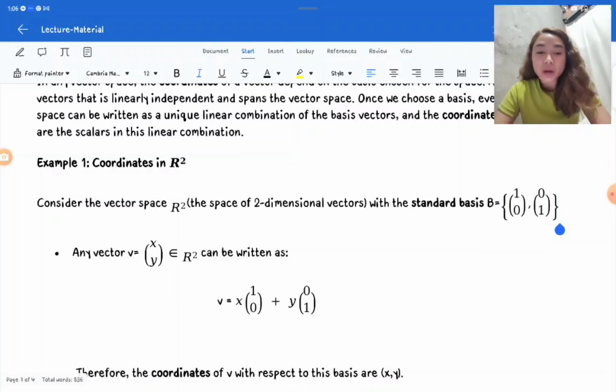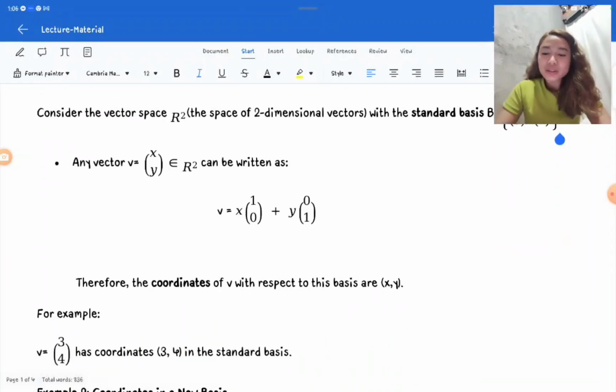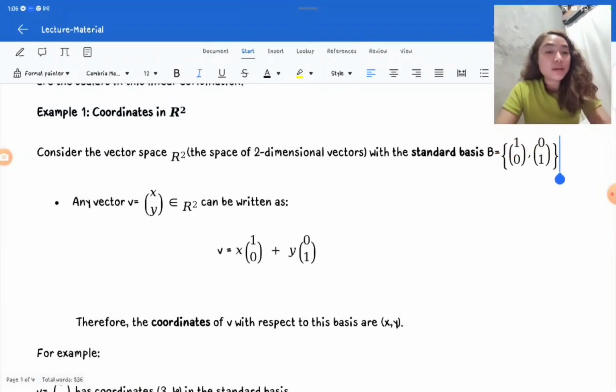In R squared, the standard basis is B equals the set of (1, 0) and (0, 1). These two vectors are the building blocks for all other vectors in R squared. We can think of them as the unit vectors along the x-axis and y-axis.